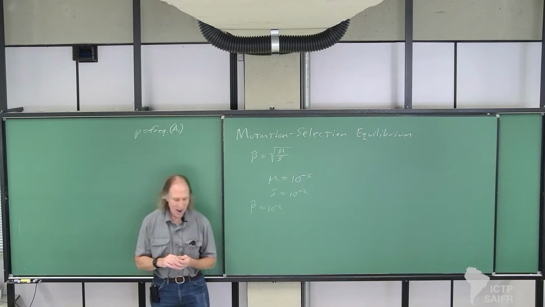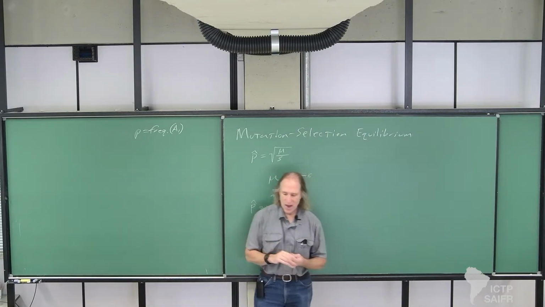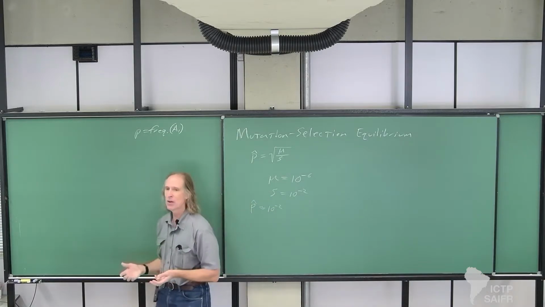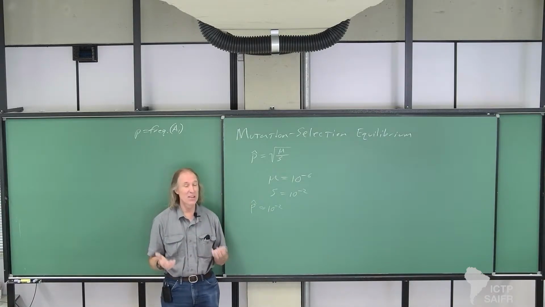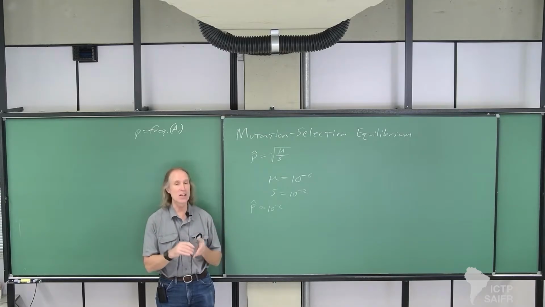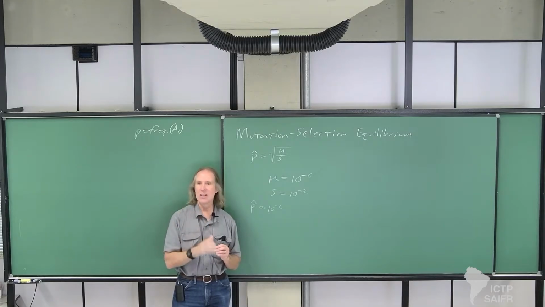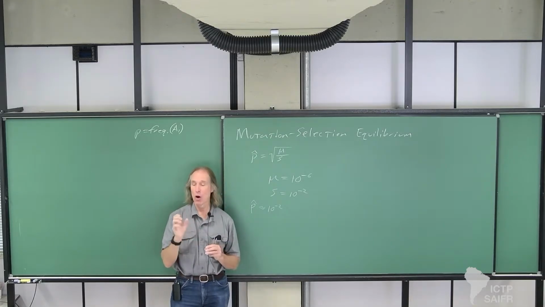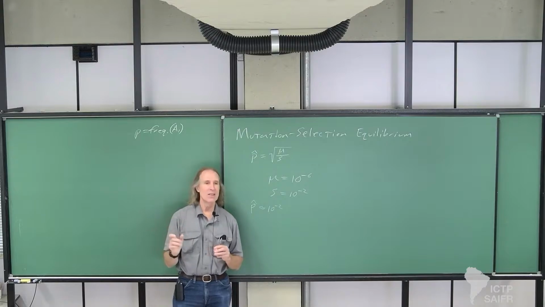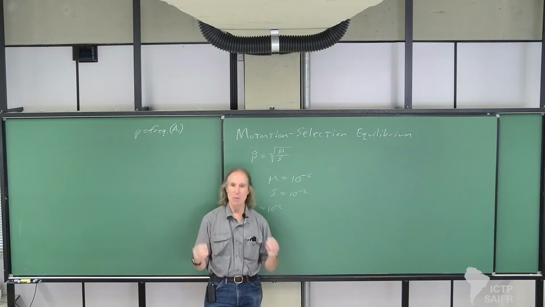How many, if you were homozygous at all those sites, and how many of those does a typical person have? It turns out a typical human has about 4 lethal units. So we have the equivalent of about 4 completely lethal alleles. They would be lethal if they were homozygous. But in the vast majority of people, they're heterozygous, so we don't see them. But they're floating around out there.